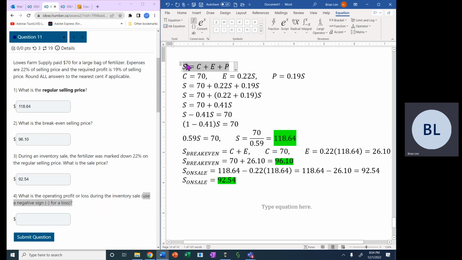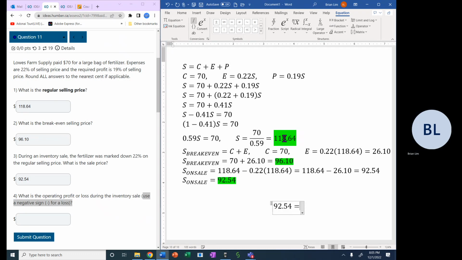But in this case, this S here is the price that was on sale, so 92.54, correct? Now the cost is still the same. The cost is still $70, correct?